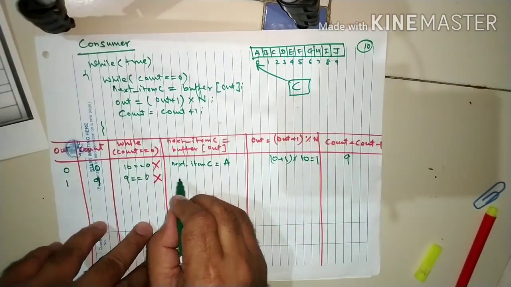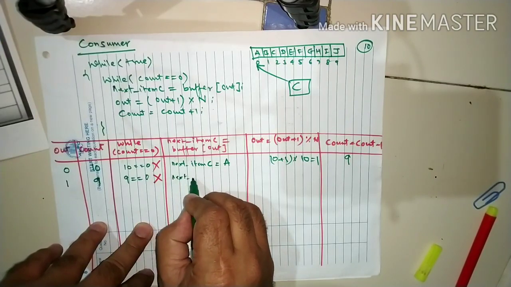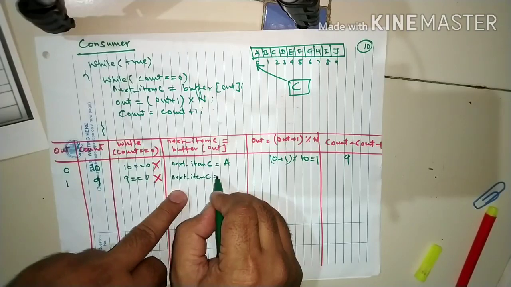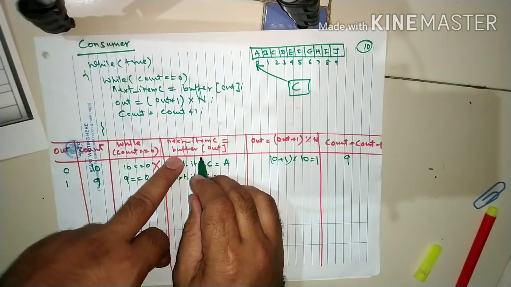Next item C: who will be the next item C? Your consumer has to consume, so it is buffer of out.